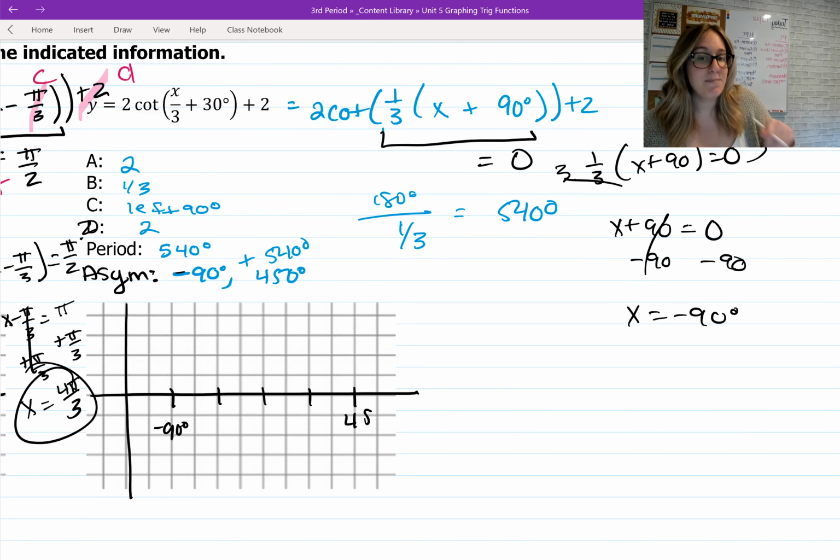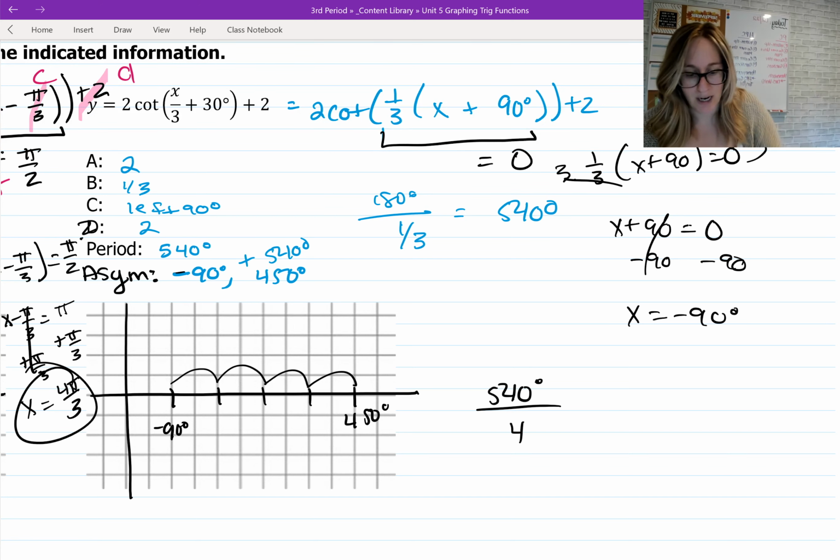To find the pieces in between, I use the same technique as the last one. We take our period, 540, and divide it by 4 because we're moving 4 times: 1, 2, 3, 4. 540 divided by 4 is 135.